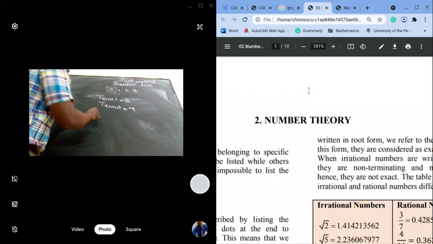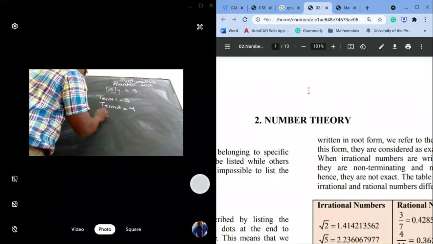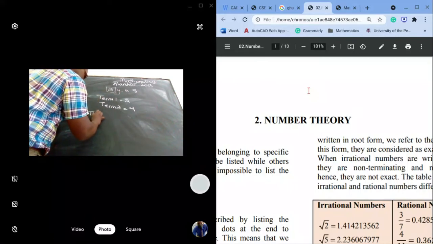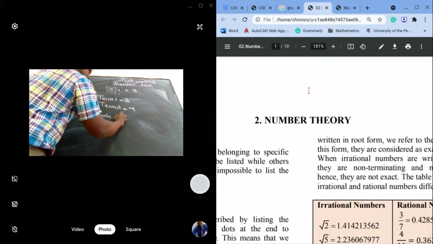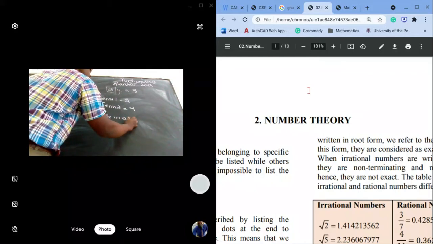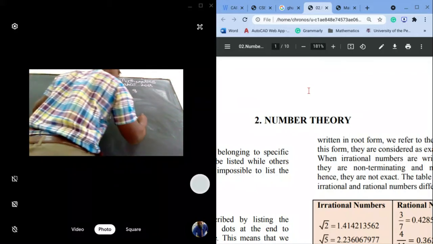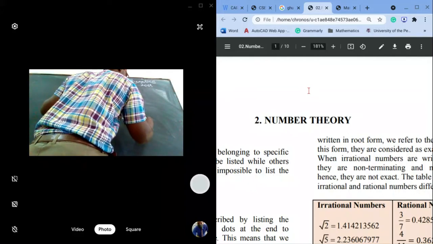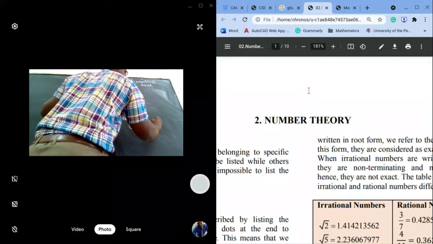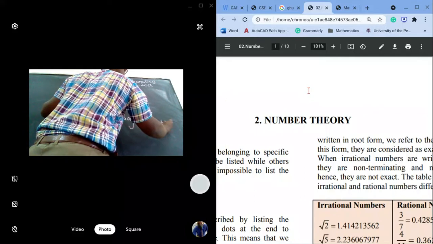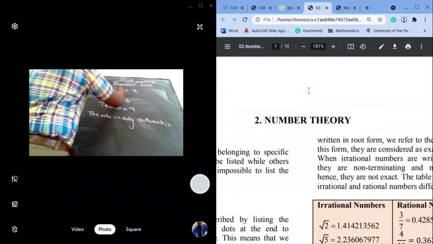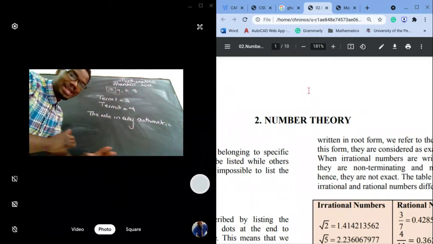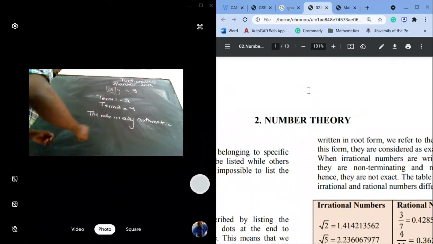Therefore, we found that the definition of the rule in any arithmetic sequence can tell you what the next term or what any term will be.